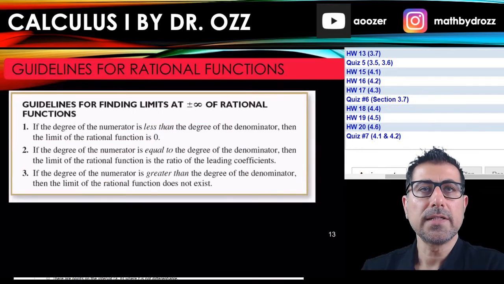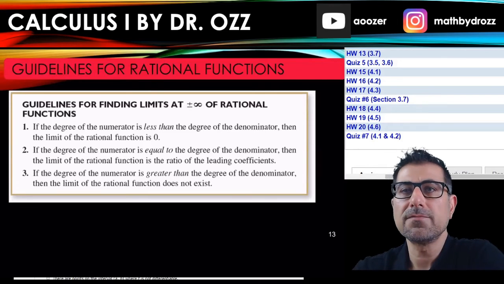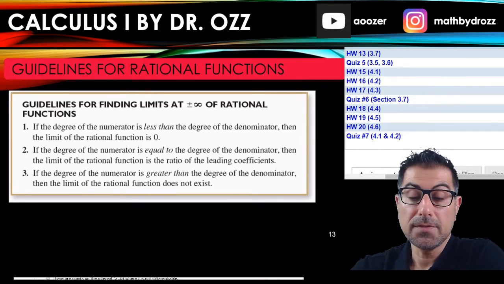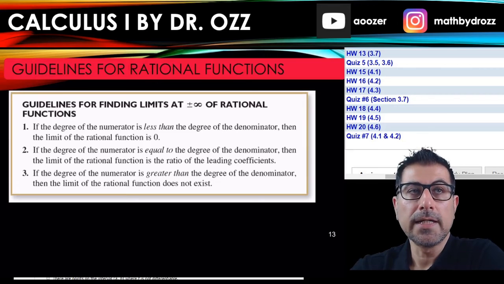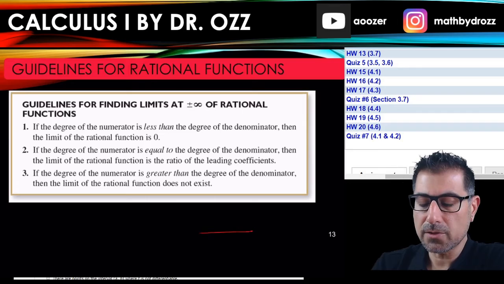And the next thing is the guidelines for finding the limits of rational functions at plus or minus infinity. And we use these guidelines all the time. So let's say you have a rational function, p of x divided by q of x.